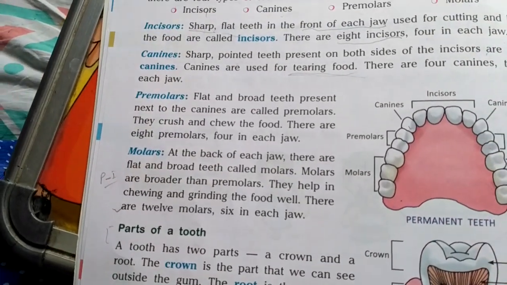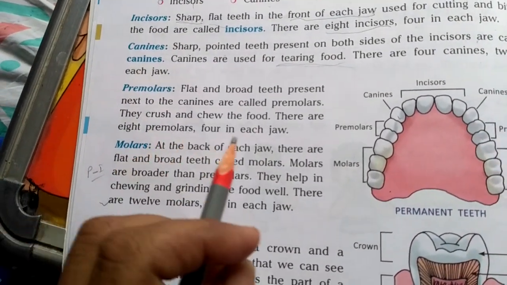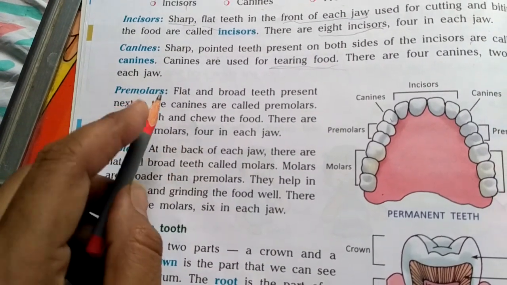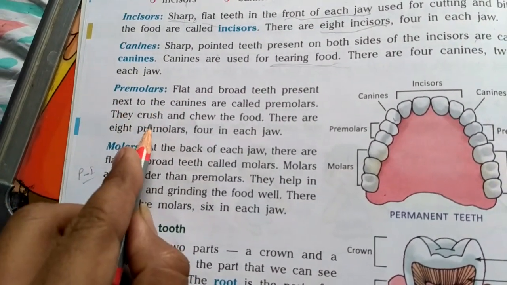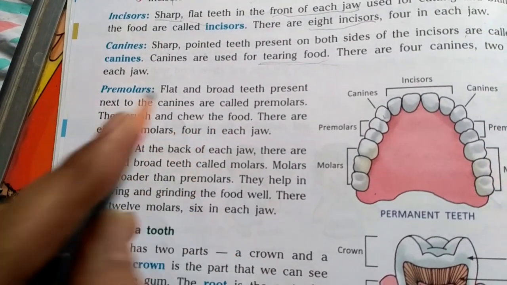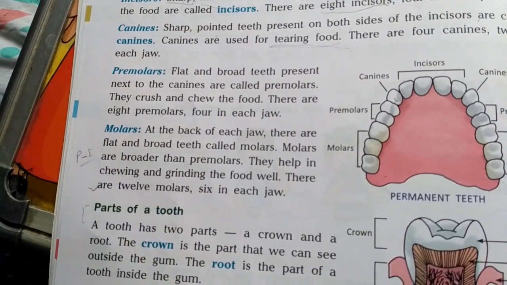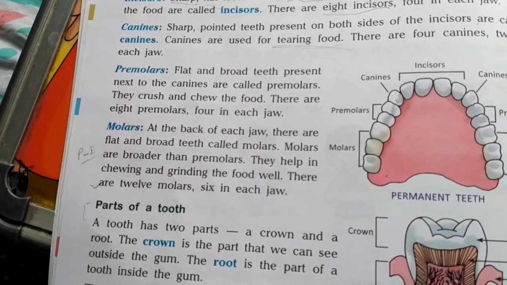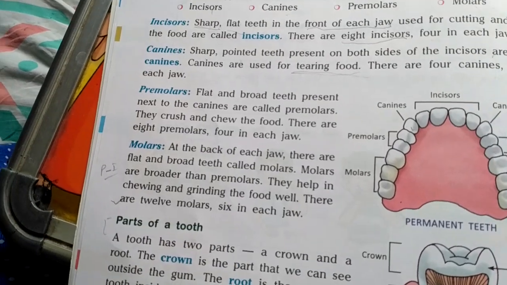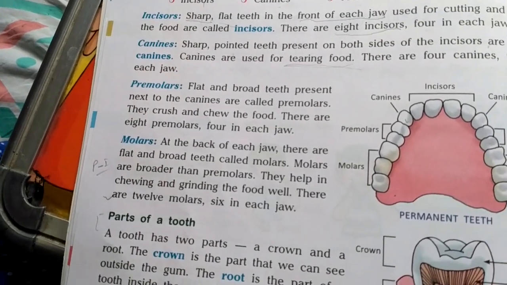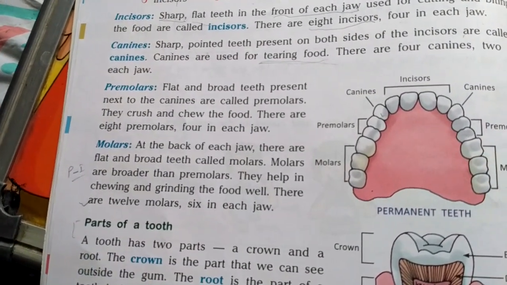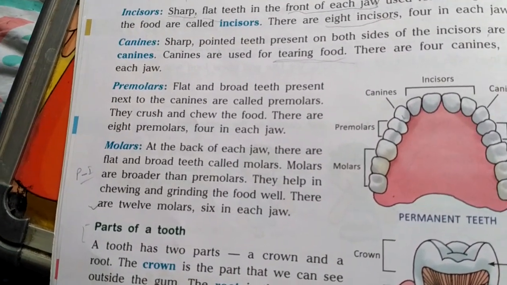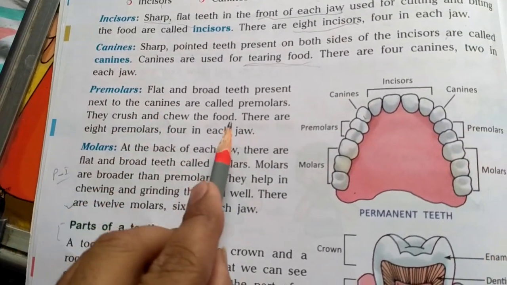So which teeth help us in crushing and chewing the food? Premolars. Whatever food we have cut and bitten and taken in our mouth, the premolars help crush and chew it, to convert it into a smooth, paste-like material.